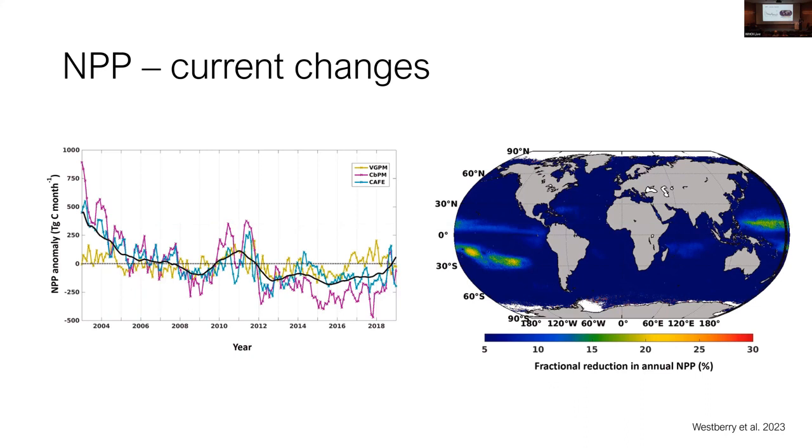And then, so this is from Westberry et al. This is a study that Mike alluded to yesterday. So what Westberry has done is combined three different NPP algorithms, the VGPM, CbPM, and CAFE algorithms, over a 16-year time period, and showed that on average there's about a 5 to 10% global decline in NPP already observed in the satellite record.